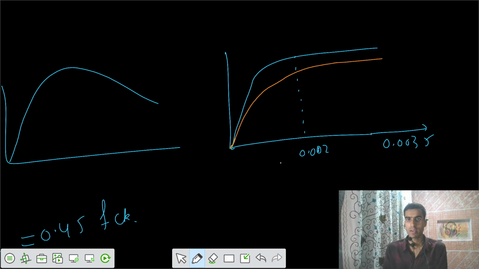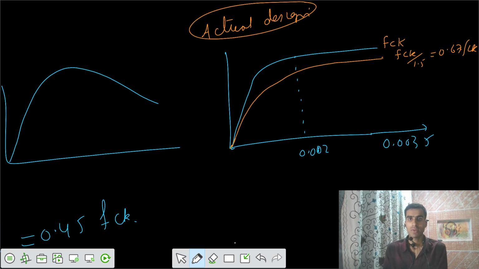If this value was FCK from the top, after that you are going to FCK by 1.5, that is 0.67 FCK. And finally, if you want to go for the actual design strength for the concrete, you have to apply one more factor of safety.